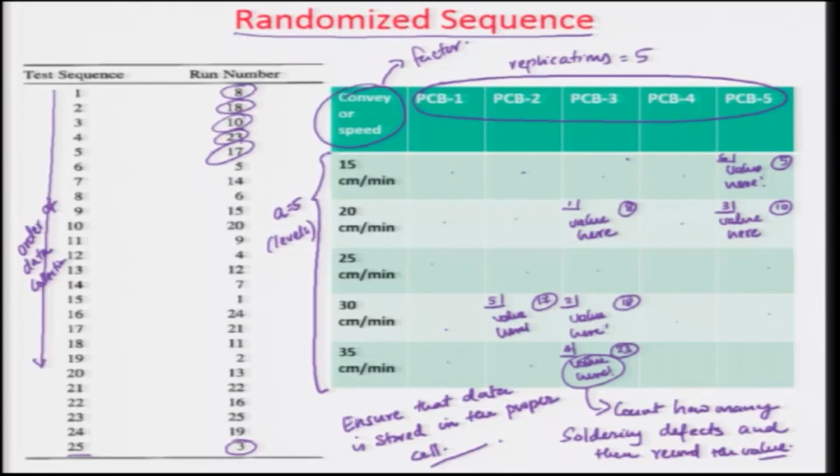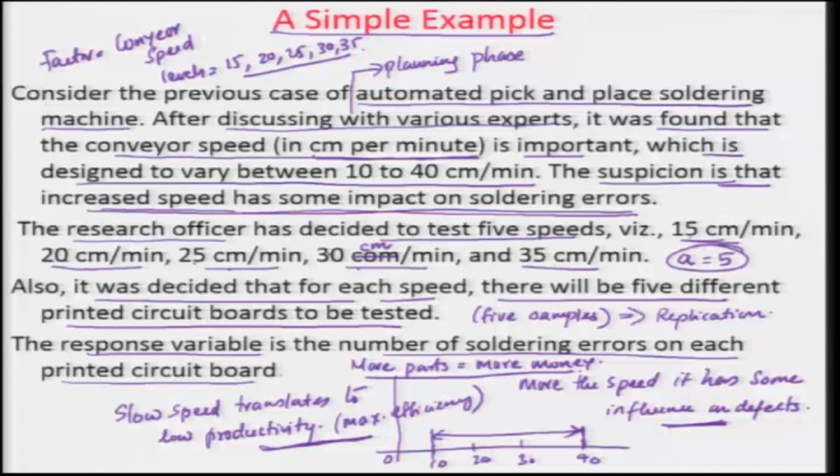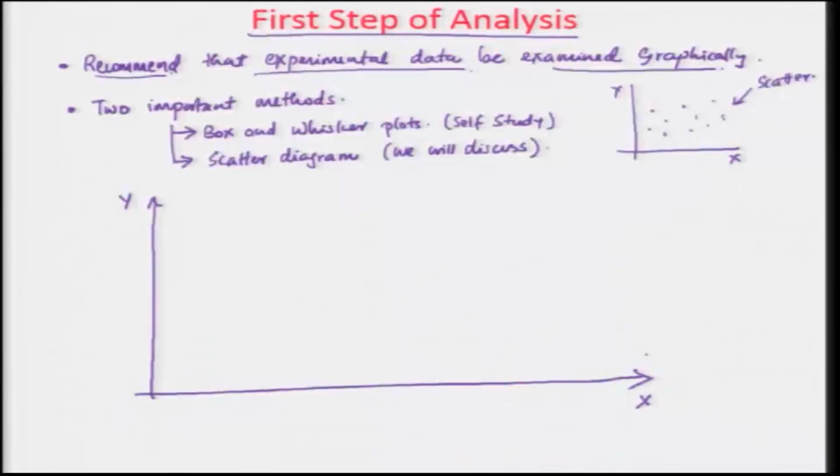We were counting the number of defects, the number of soldering errors, and that is on your y axis, and here is the conveyor speed in centimeters per minute.